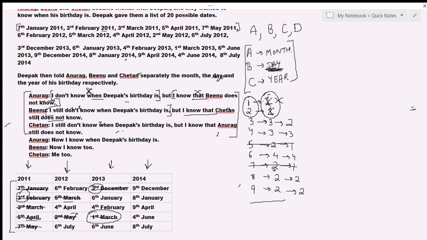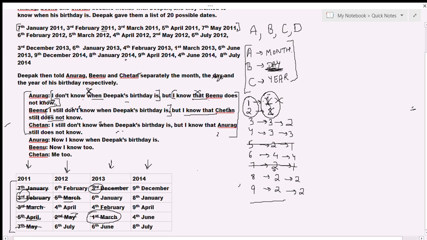If the birthday is in 2011, then Chetan might know the exact date, but he is very sure that Chetan does not know, which means the year is not 2011, which means the date is not 3rd. For all the years apart from 2011, that is 2012, 13 and 14, there are more than one possible dates remaining in the table. So we have removed the date 3rd as of now.